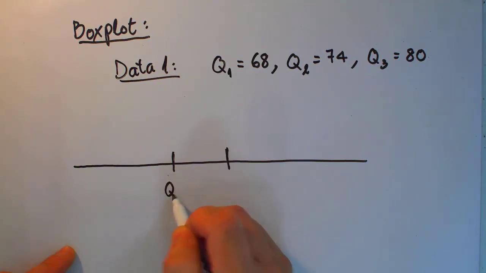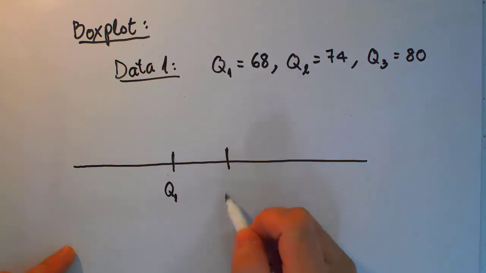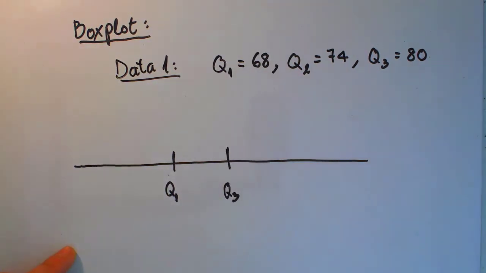But now I'm going to call this first spot on the left Q1, and the other spot on the right I'm going to call Q3. Once you actually put down and label these, that actually defines the rest of your scale.